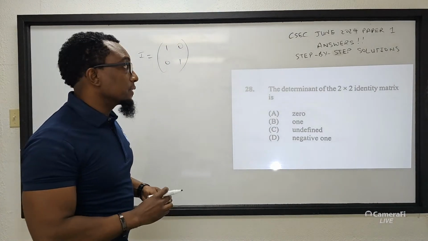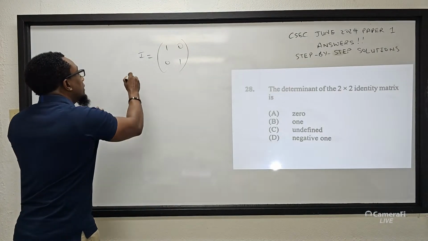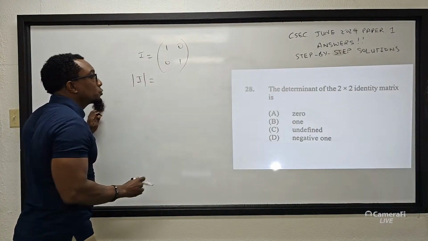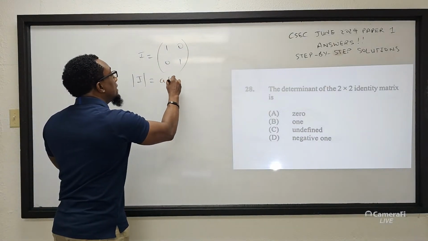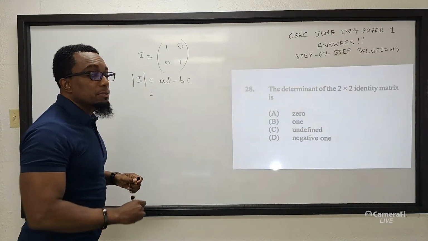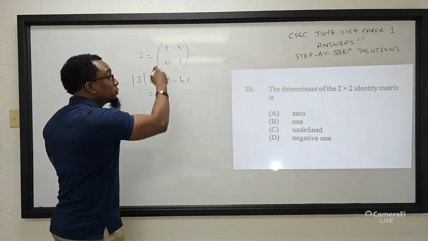That's the identity matrix. And if we have to find the determinant of that identity matrix, two parallel lines will indicate the determinant. And your formula is AD minus BC. That's the formula we use to find the determinant of a 2 by 2 matrix.